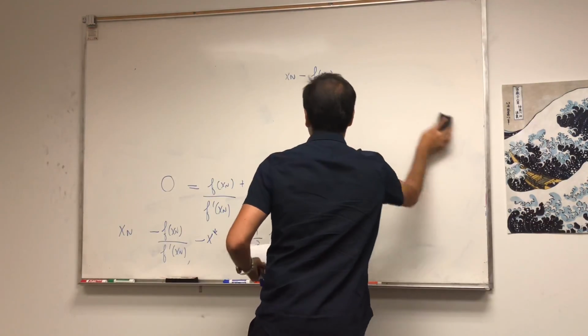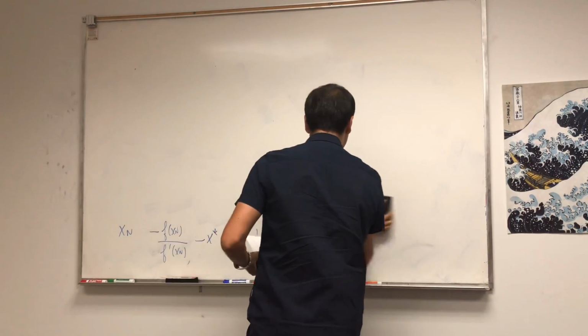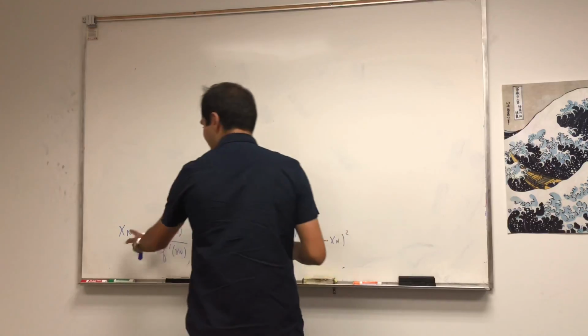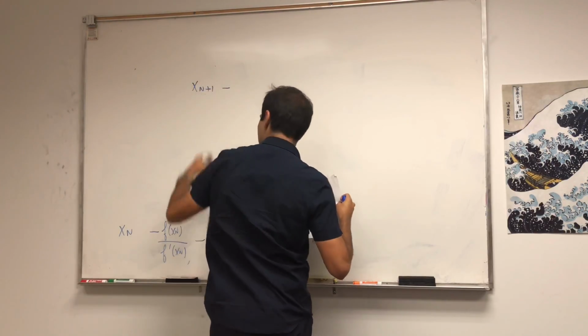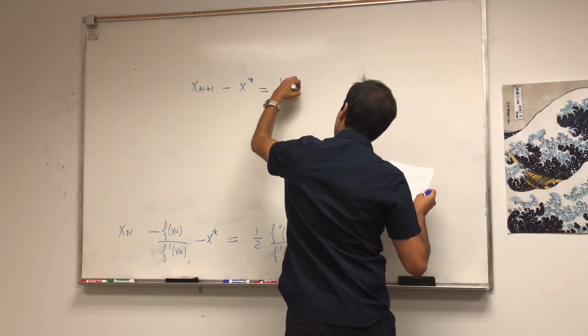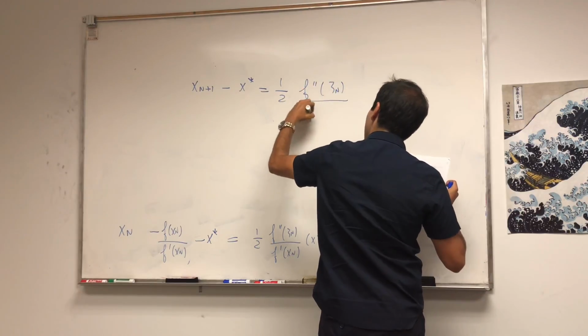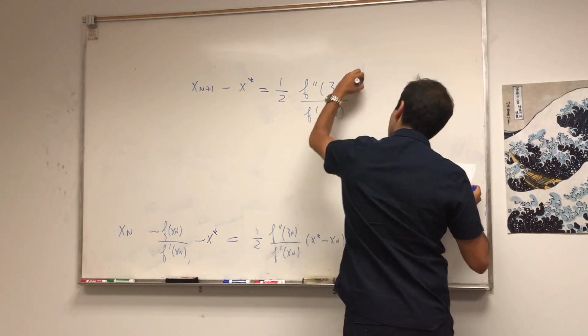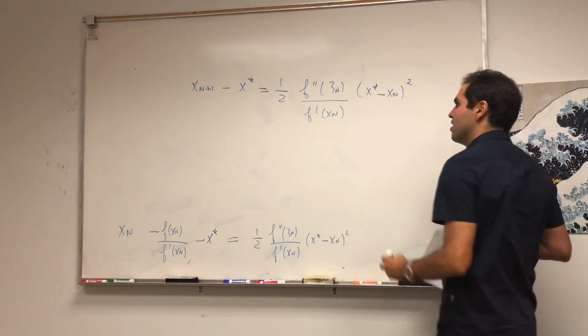And now, as I said, we want to write this in terms of xn plus 1. So this becomes simply xn plus 1. This is just x star. And that's 1/2 f double prime of xi n over f prime of xn times (x star minus xn) squared.